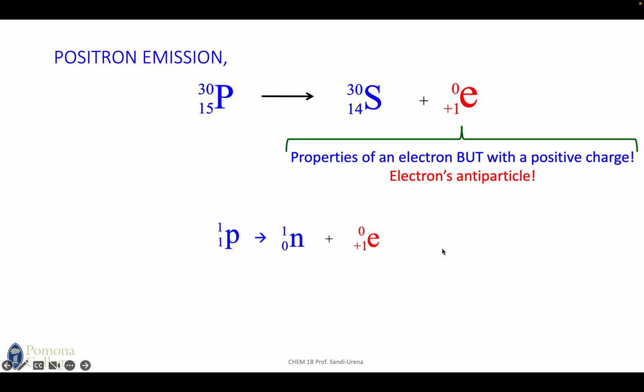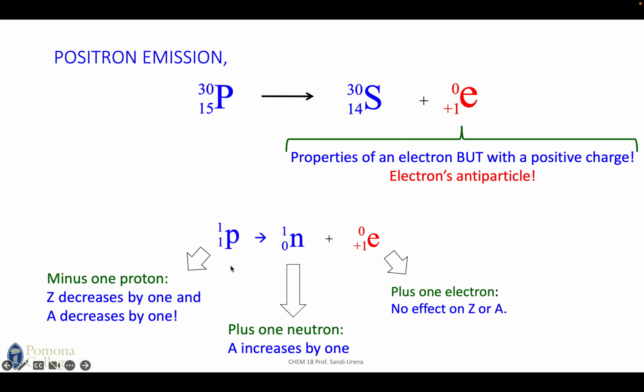What are the implications of that? We would have 1 fewer proton. That means the atomic mass decreases by 1, but we form 1 neutron, so the atomic mass increases by 1, and they cancel out. And that's why the mass number stays the same.